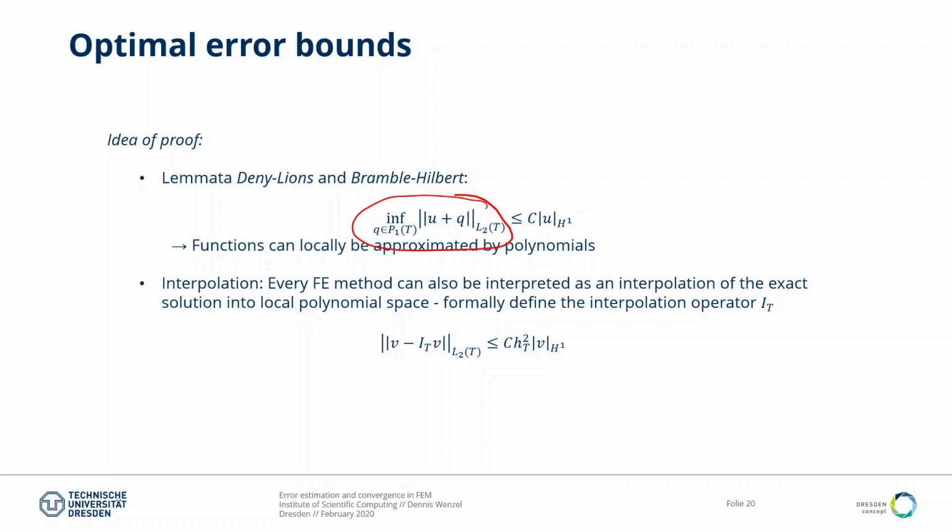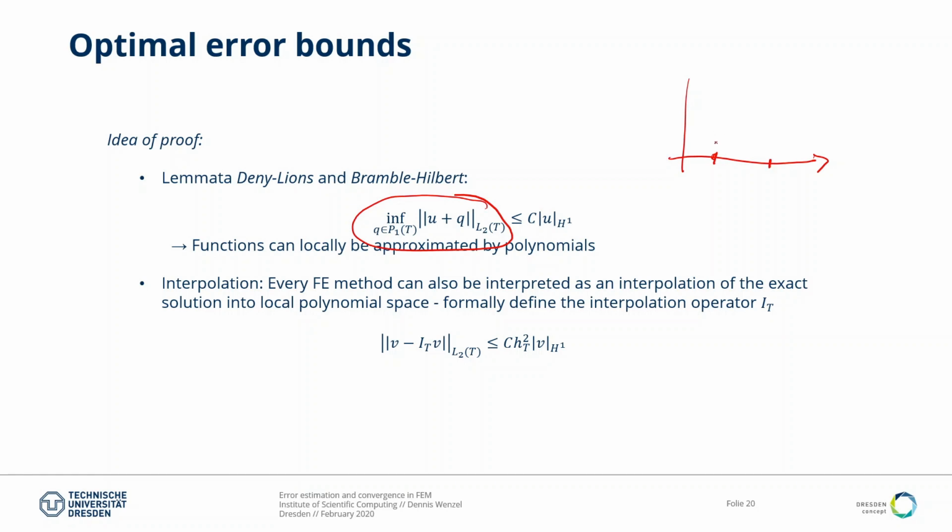So in a sense locally, because here I'm choosing P1 of T, so an actual linear polynomial, and also the L2 norm only on some triangular cell T. So locally, you can get as good as you want using polynomials. That means if you have a certain cell, I'm going to draw a one-dimensional example again. So this is my cell T, the interval from here to there.